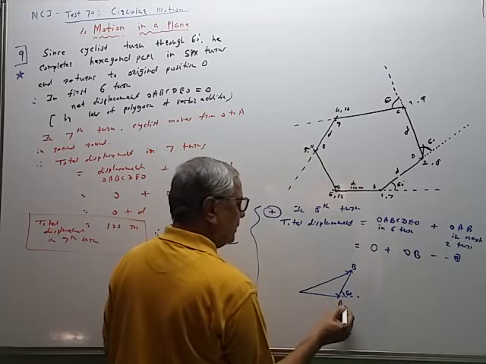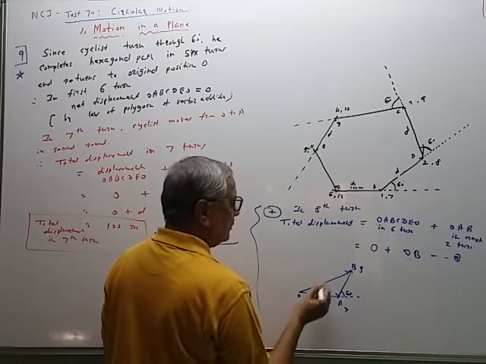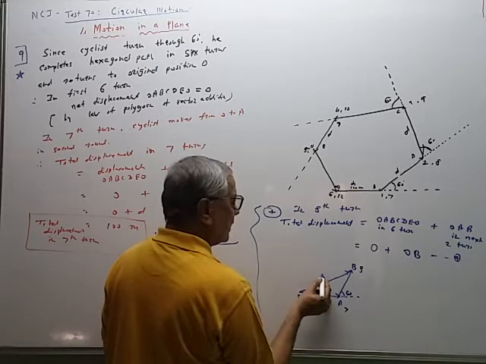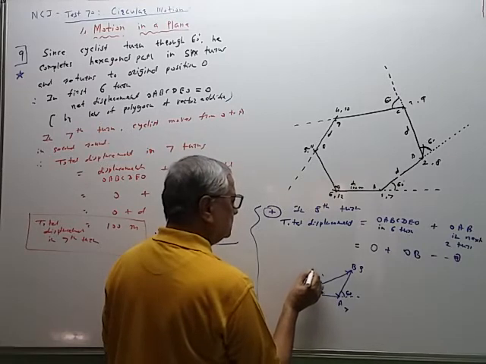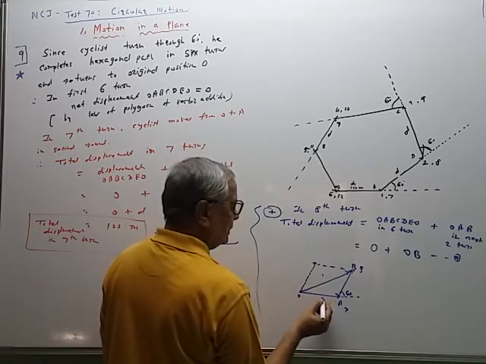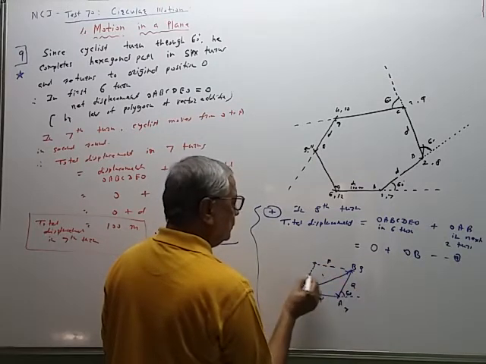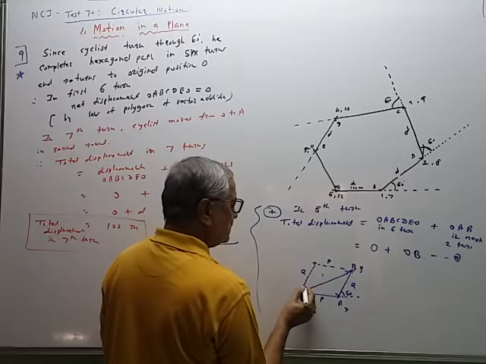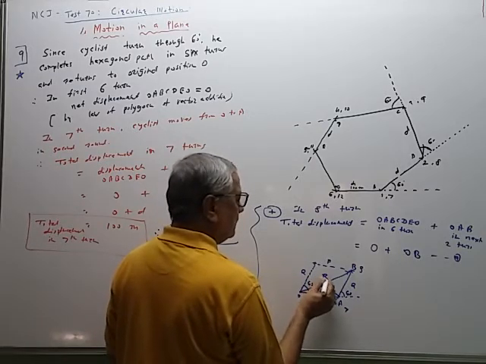This is A. 7th turn, 8th turn, this is the starting point. So you have to find this R. If you draw the equal vector, then this is P, this is also P, this is Q, this is also Q, this angle is 60 degrees, therefore this angle is also 60 degrees, and this is R.